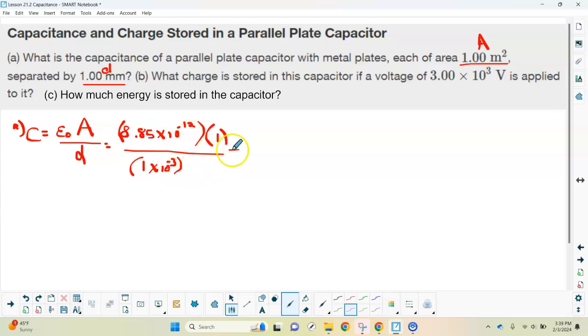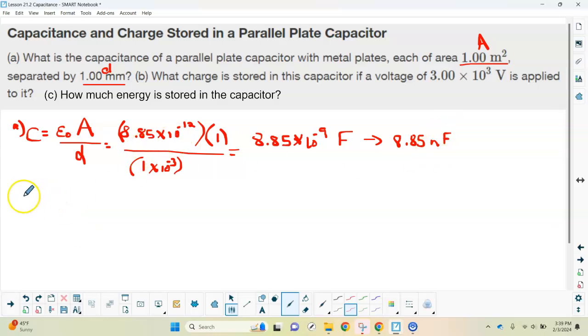If we do this in our calculator, you get 8.85 times 10 to the negative 9th farads. F, farads, for capacitance. If you wanted to write it in a different unit, it'd be 8.85 nanofarads, because nano is times 10 to the negative 9th.